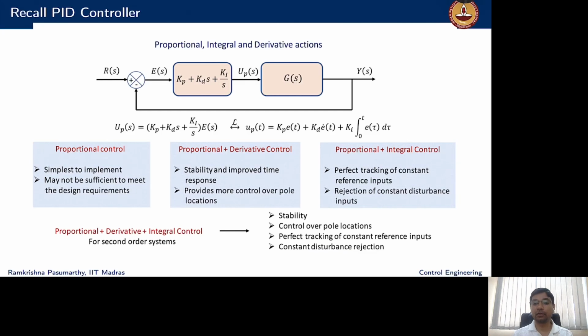Proportional plus integral control helps in perfect tracking of constant reference inputs, and we also saw its importance in the rejection of constant disturbance inputs. So largely for second order systems, we saw its impact on stability, control over pole locations, tracking of constant reference inputs, and also constant disturbance.